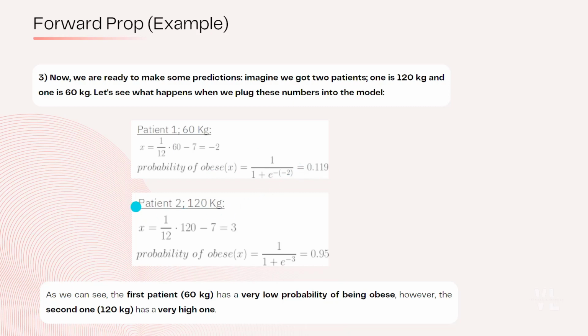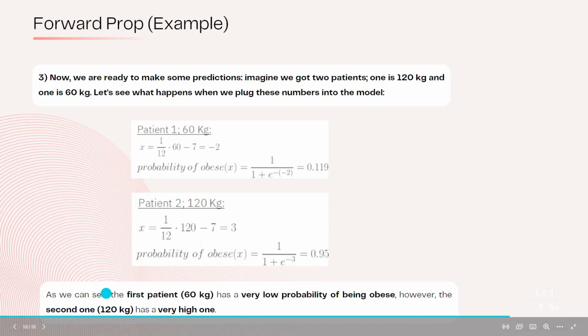Another scenario is for patient 2, and his weight is given as 120 kilograms. By substituting this value into the equation, we also get a value of 3. And finally, by substituting this inside of the sigmoid function, we get a value of 0.95.